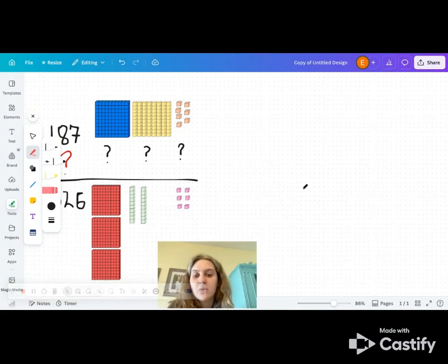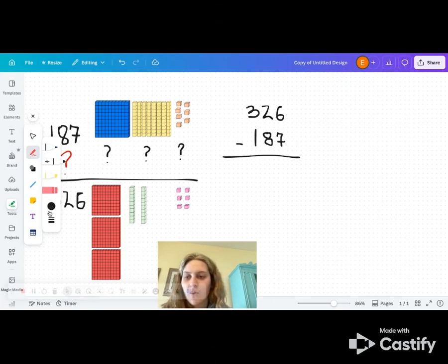So to do this, I'm going to rewrite this problem. So we are going to be doing 326 minus 187 to get that unknown that we are missing over here.